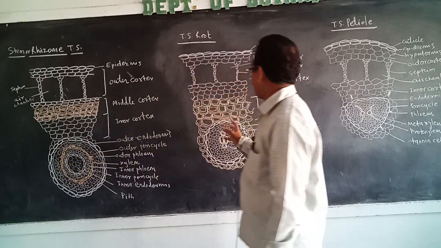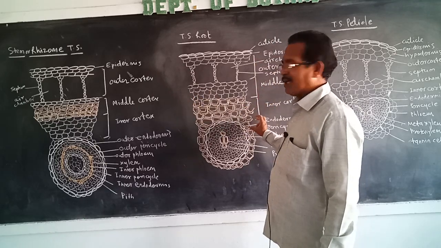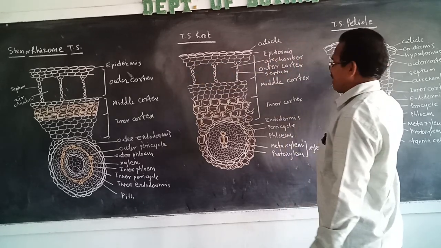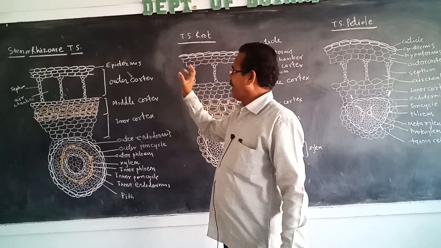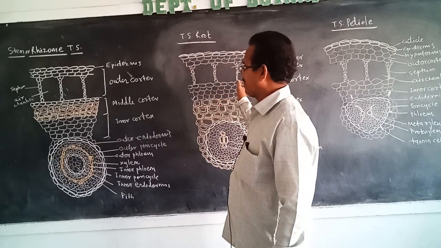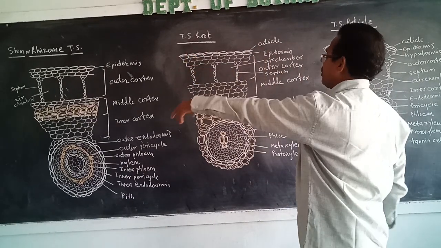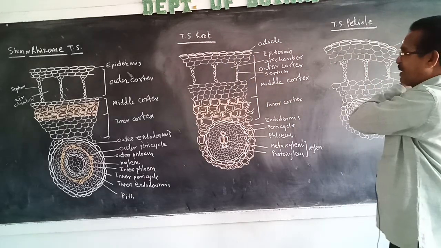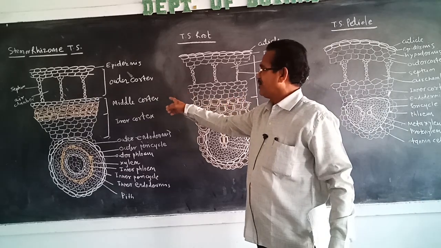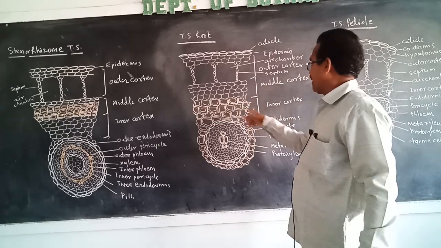In the root, not the middle cortex but the inner cortex is sclerenchymatous. In all three, the outer cortex is parenchymatous and contains air chambers, meaning air cavities are present in the outer region of rhizome, TS root and TS petiole.